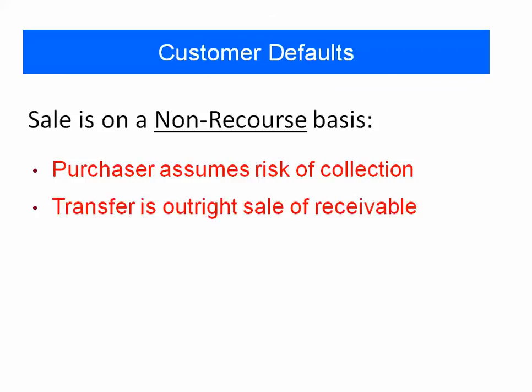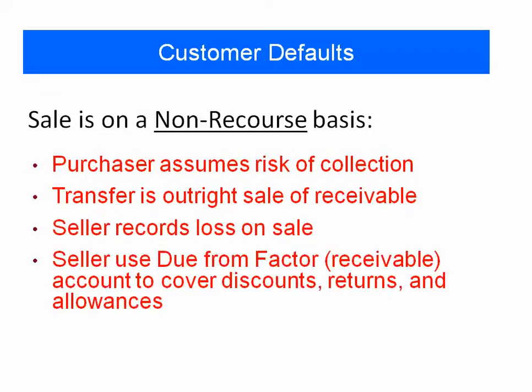The transfer is an outright sale of receivables. The seller records a loss on the sale, and the seller uses a due from factor receivable account to cover discounts, returns, or other potential allowances. That's the case we have just finished looking at.